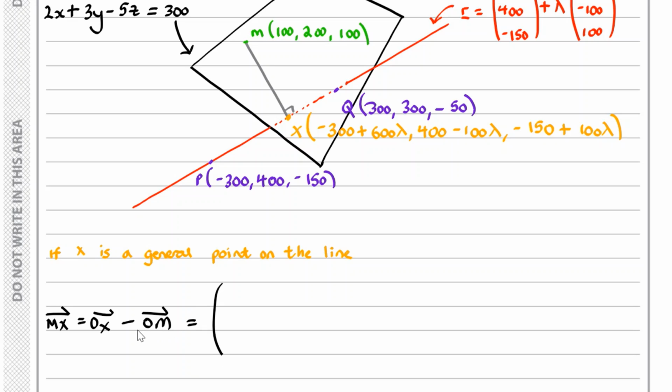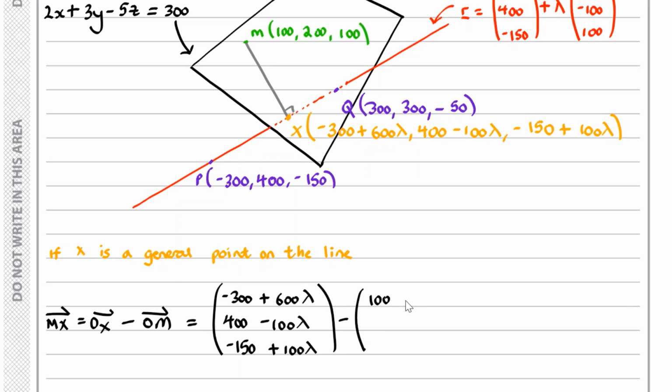OX is minus 300 plus 600 lambda, 400 minus 100 lambda, minus 150 plus 100 lambda. And OM is 100, 200, 100.